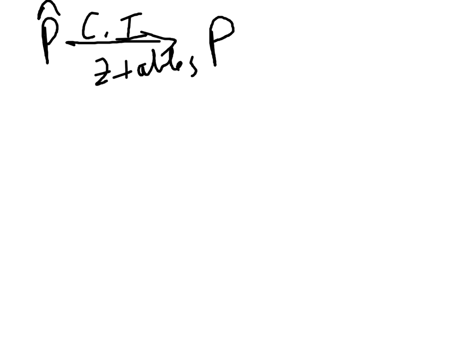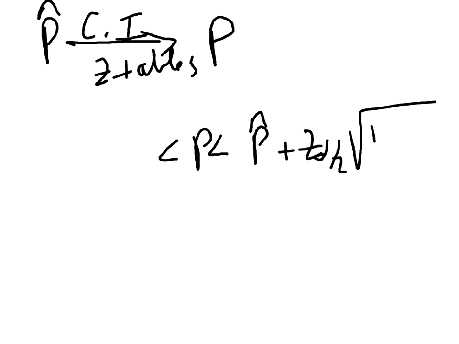Our formula, and again this should look a lot like stuff we've seen before, is our sample, like where our sample mean used to be, plus or minus z sub alpha over 2 times the square root of p hat q hat over n.